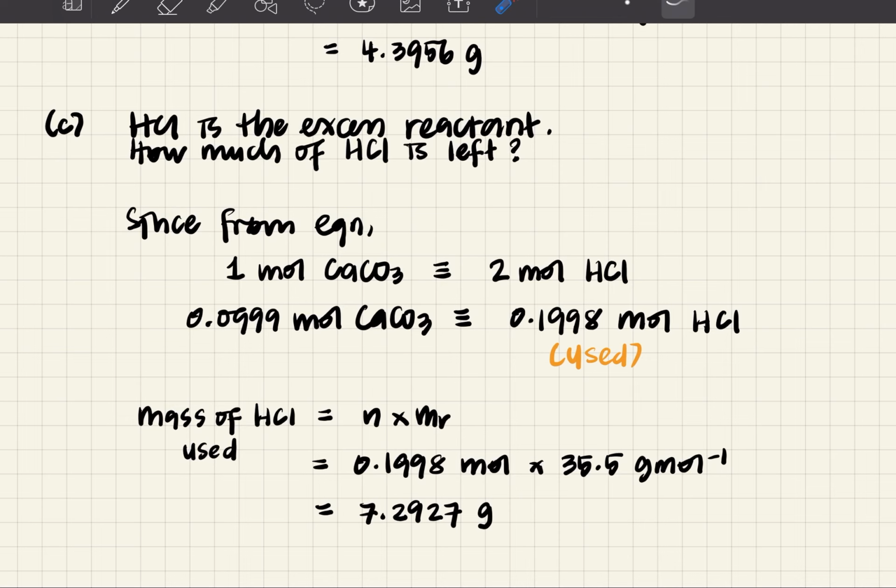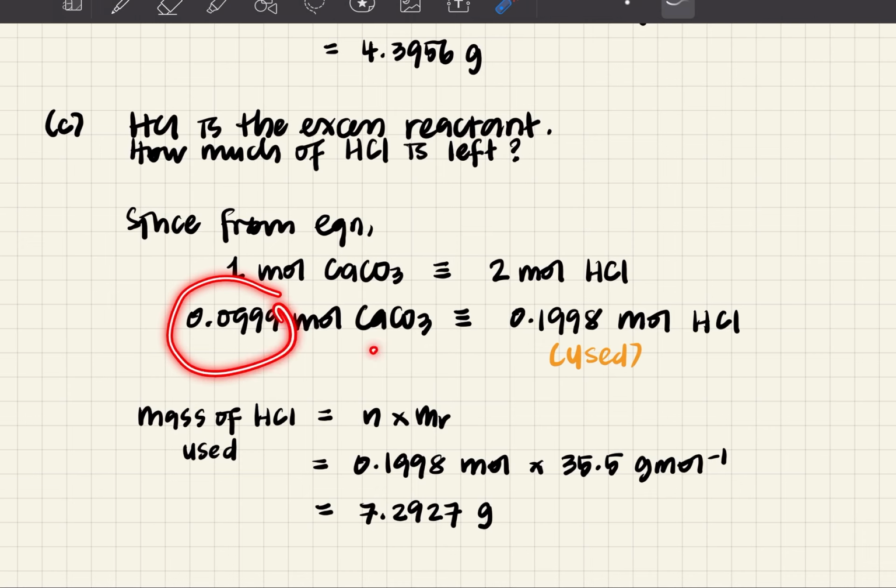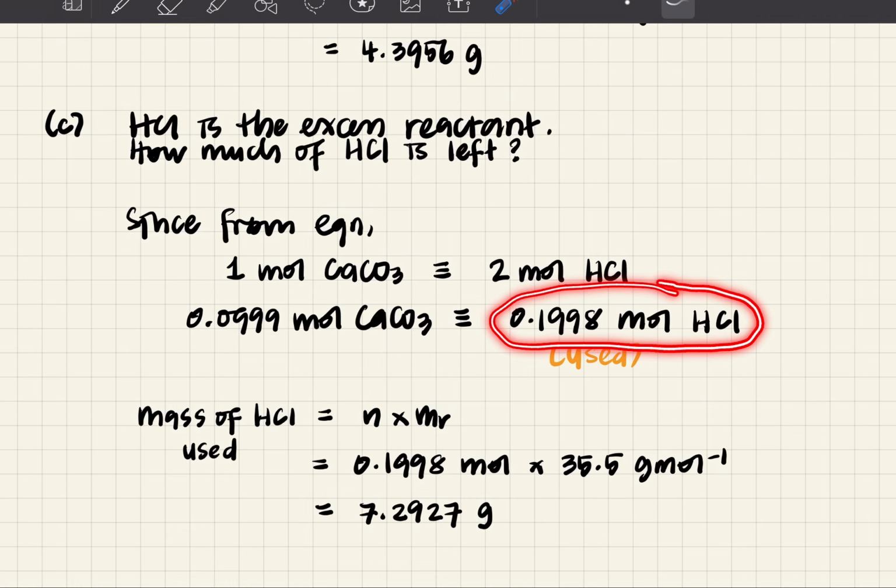Okay, so when 1 mole of calcium carbonate was reacted, 1 mole of calcium carbonate must react with 2 moles of HCl. Okay, so that means 0.999 mole of calcium carbonate will react with berapa banyak HCl? Maksudnya awak kali 2 je lah. Ini kali 2. Okay, so you find the mole of HCl that is used.